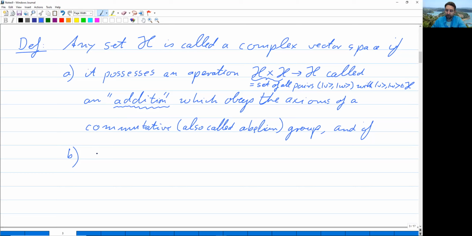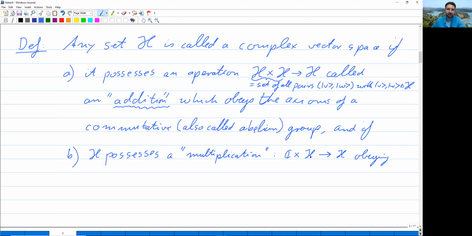Right, so B, what other condition do we need? We need that H possesses another operation too, namely what we traditionally call a multiplication or scalar multiplication, which is going from pairs of a complex number and an element of the vector space into an element of the vector space, right?